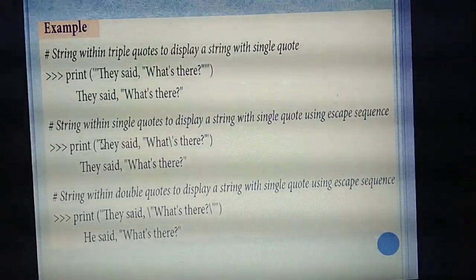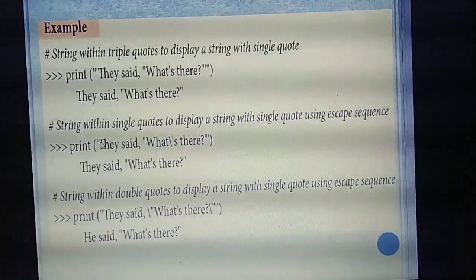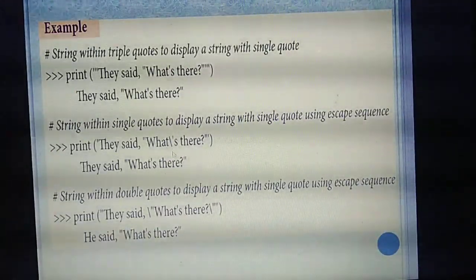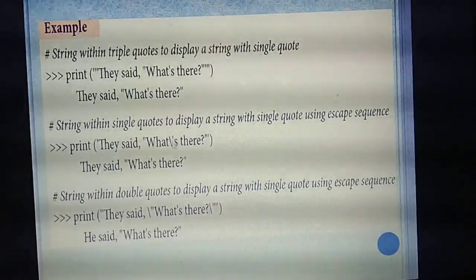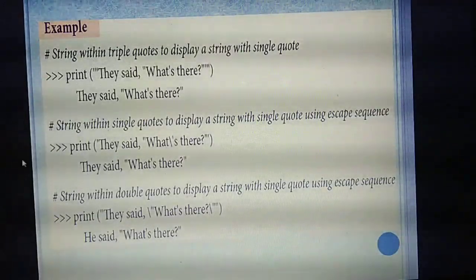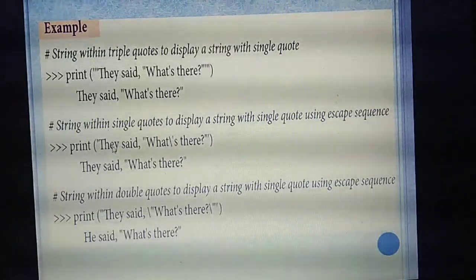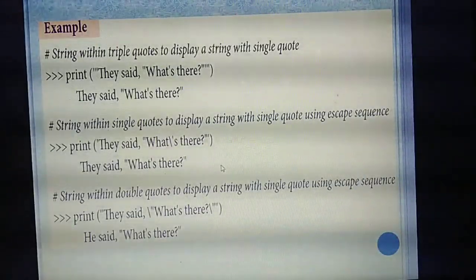But using this escape sequence or backslash character, you can give it inside single quotes. See, in between the apostrophes, one backslash with one single quote you are giving, but the sentence is displayed inside. Whatever you give inside the single quote, the sentence will display as it is.